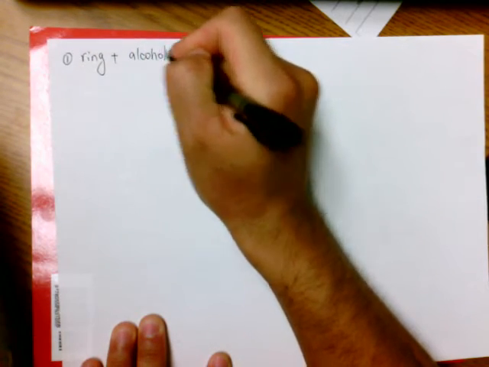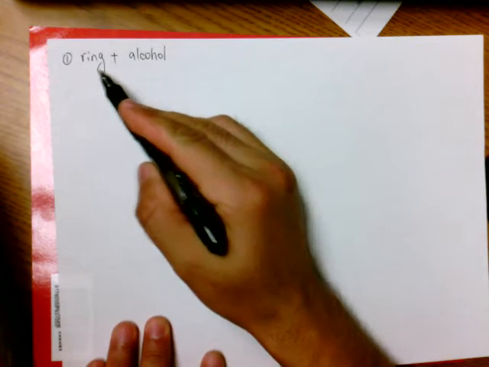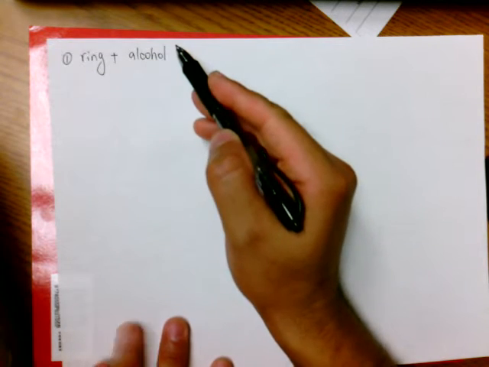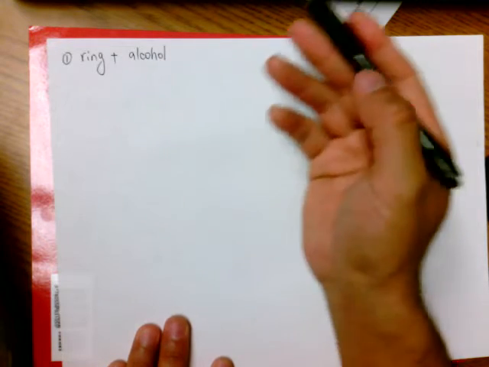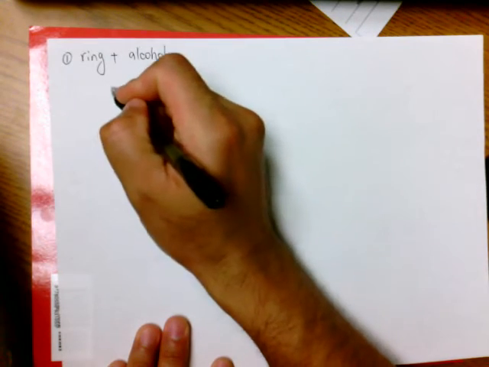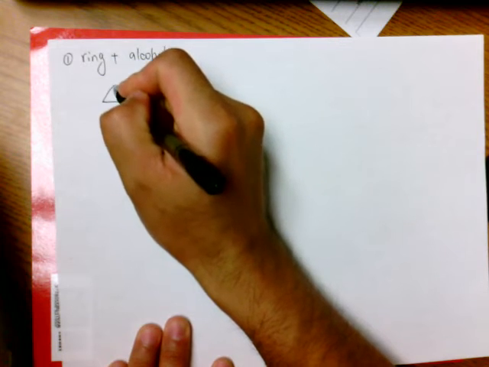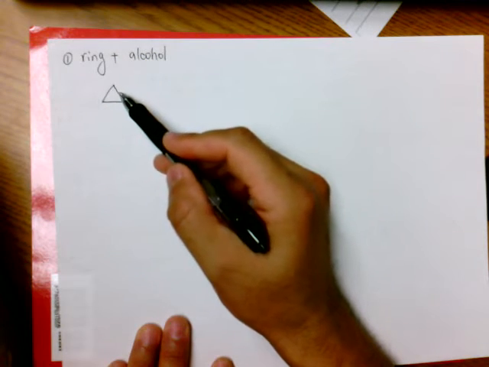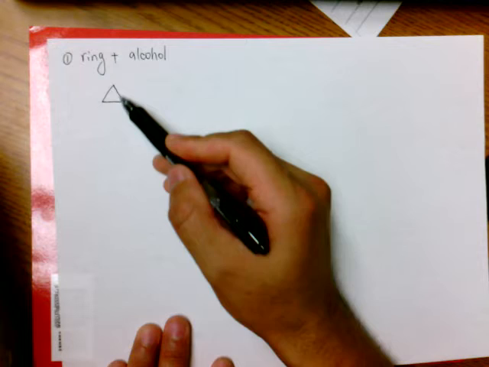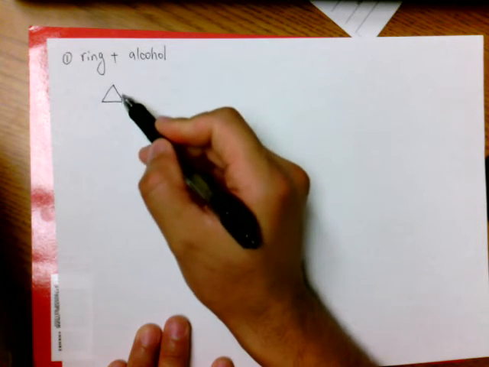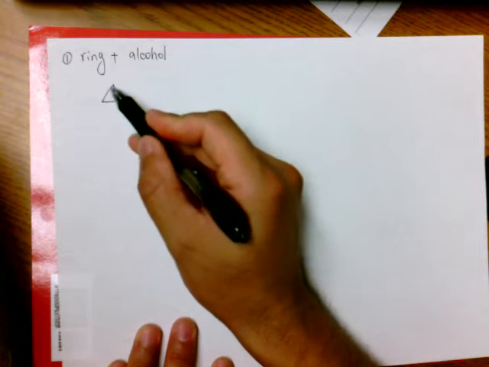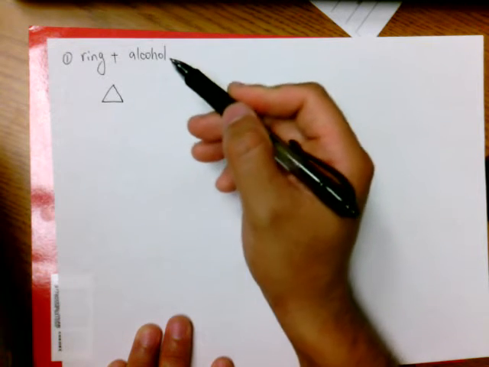Of course, in this case, the ring can be a 3-member ring or 4-member ring, and we cannot have a 5-member ring for alcohol. So for a 3-member ring, since alcohol is OH, it cannot be part of the ring. So the ring has to be all carbons, and we already used 3 carbons, and we have 4 carbons.